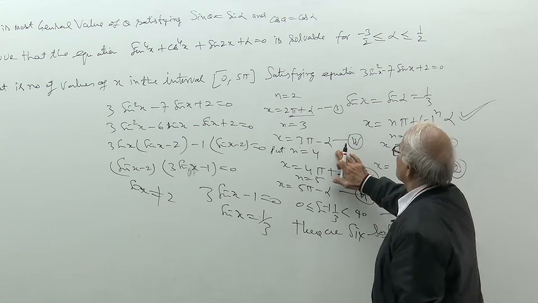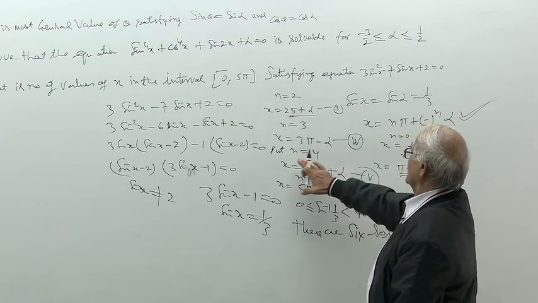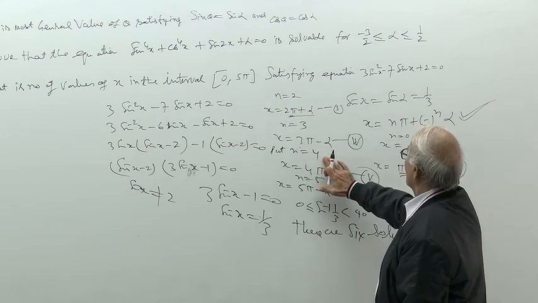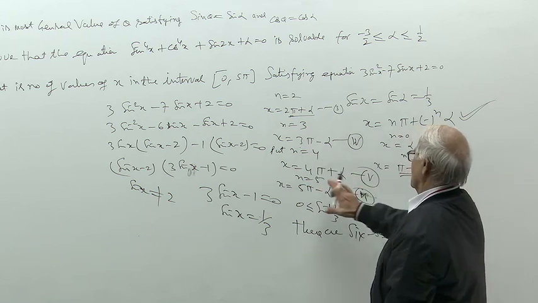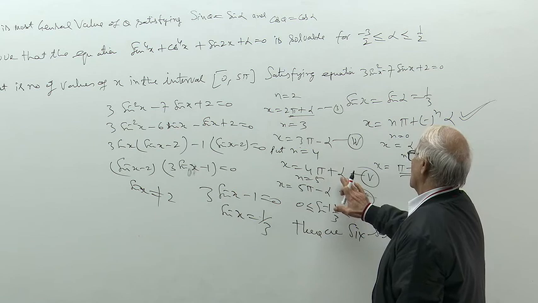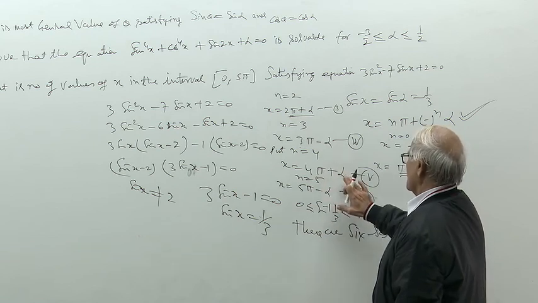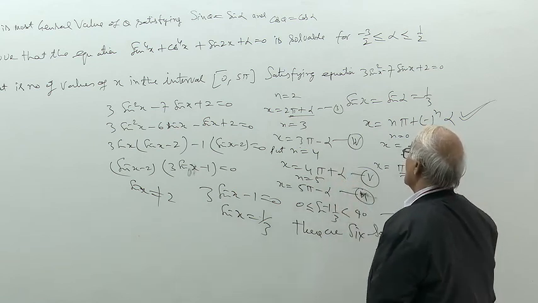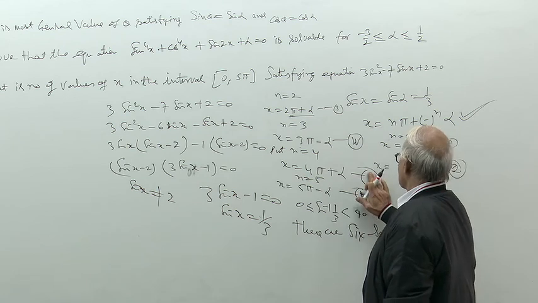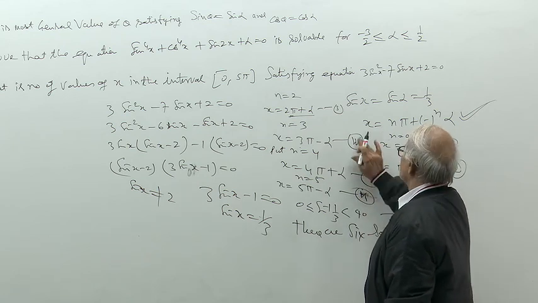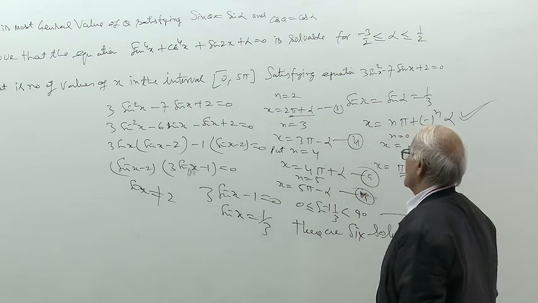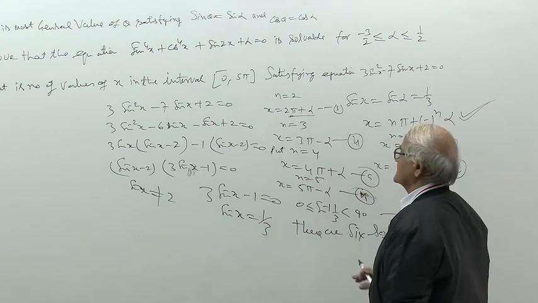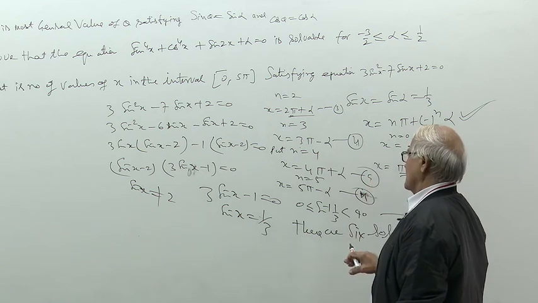Now we come to n is equal to 4. What do we get? We get 4 pi plus alpha. So this is the fifth value.